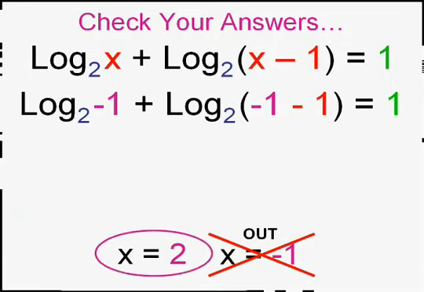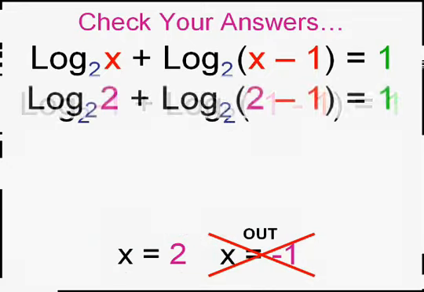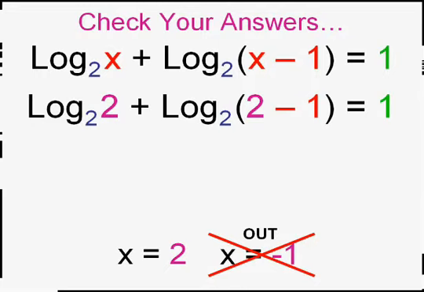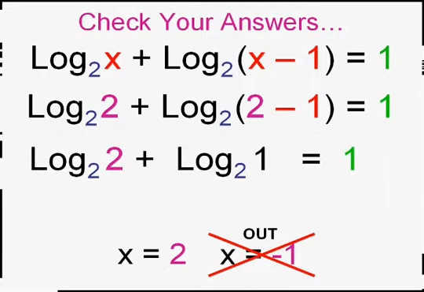If we put a 2 in for x, the log base 2 of 2, the log base 2 of 2 is what? Is 1. And the log base 2 of 1, what's the log of 1, no matter what base you use? Oh, right, guys.